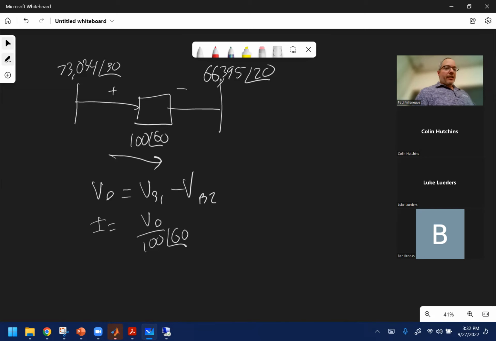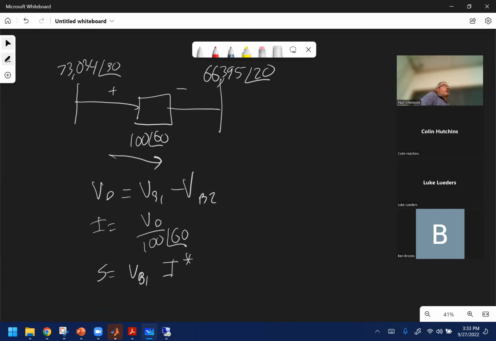So wouldn't S equal V bus 1 times I conjugate? Almost everybody put the voltage drop across there. I didn't say, what does the line consume? A lot of people did this.